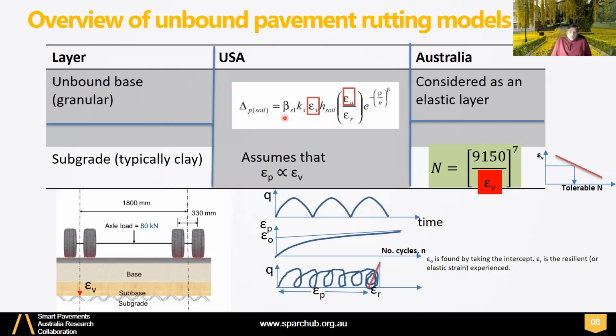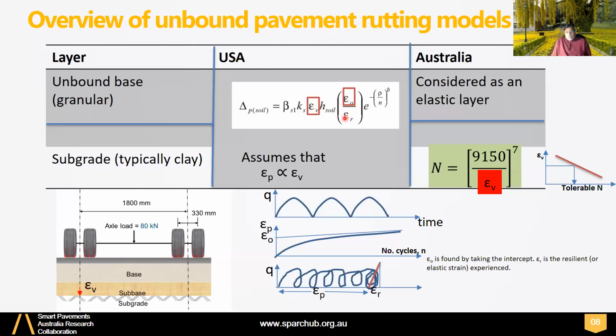How do they do that? They use this approach. They assume the vertical strain exerted on the subgrade or layer you are examining for rutting determines the amount of plastic deformation or rutting. So this is the elastic value or resilient value, and that determines the amount of rutting. So how do they do that? They need a scaling parameter. So this is the value calculated from the field pavement, elastic strain.